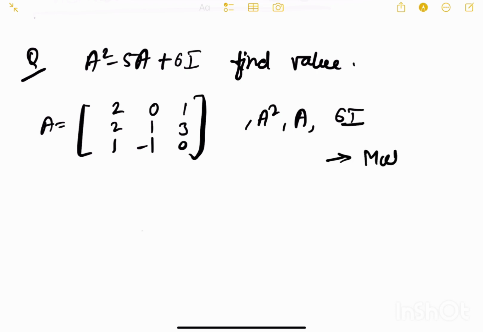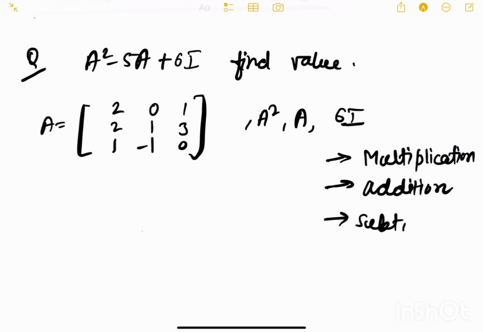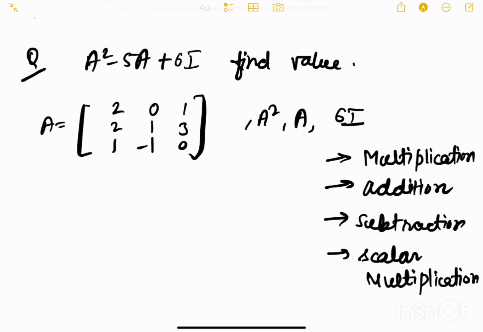Let it be multiplication, addition. So this will summarize every concept which we have just done. Subtraction, and the last thing is scalar multiplication. So this question will focus on everything.